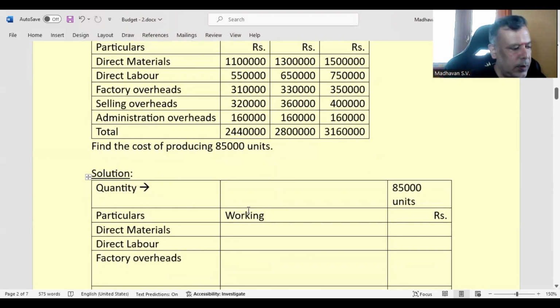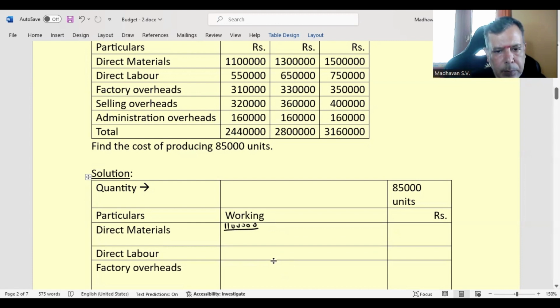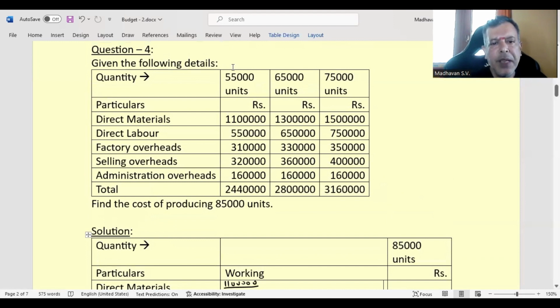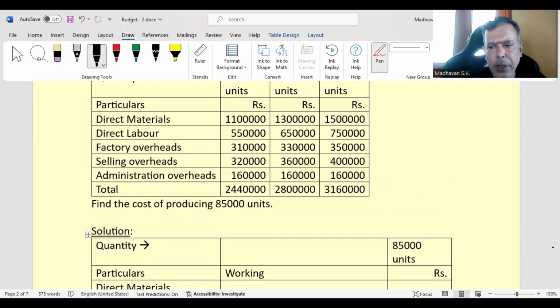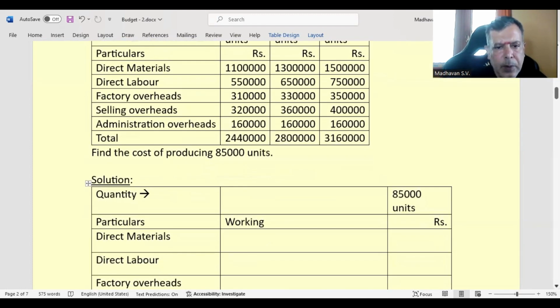Straight away we can see 55,000, if I multiply it by 20 rupees, I get this 11 lakhs. 65,000, if I multiply it by 20 rupees, I get 13 lakhs. 75,000, if I multiply by 20 rupees, I will get 15 lakhs, which means we can say this direct material cost is 20 rupees per unit.